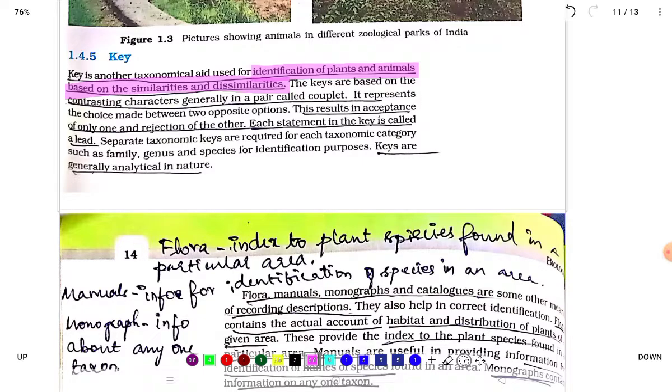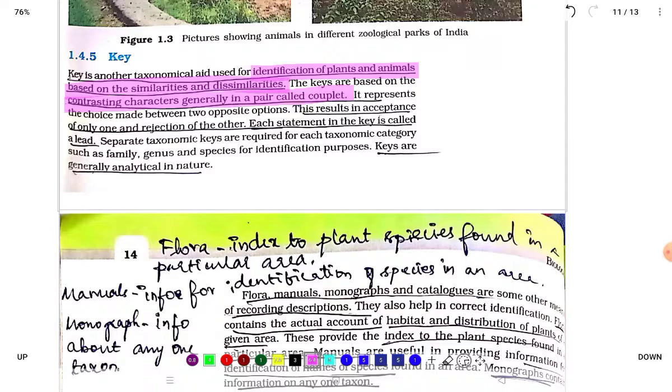Keys are based on contrasting characters, generally in a pair called a couplet. It represents the choice made between two opposite options. The result is acceptance of only one and rejection of the other. That is, you will have one question and two options, either yes or no. If you choose one, it is acceptance, and the other is rejection.